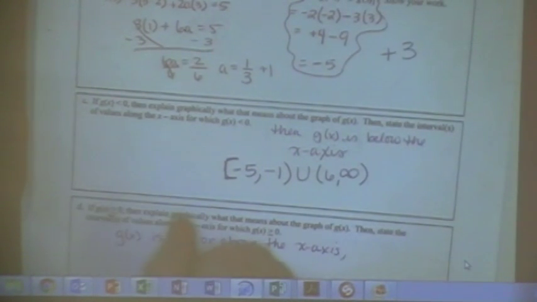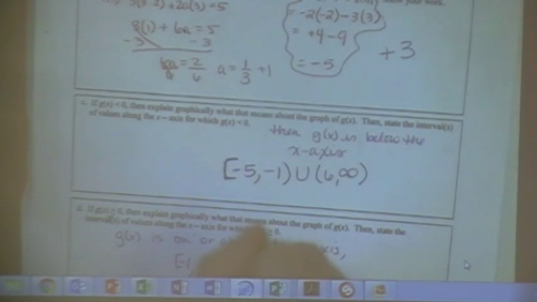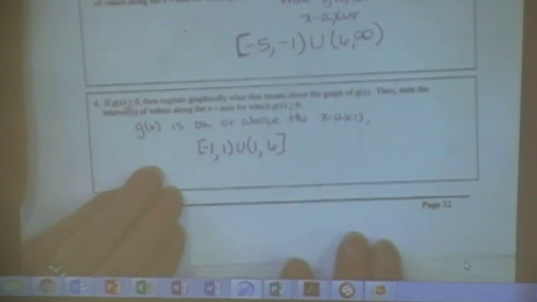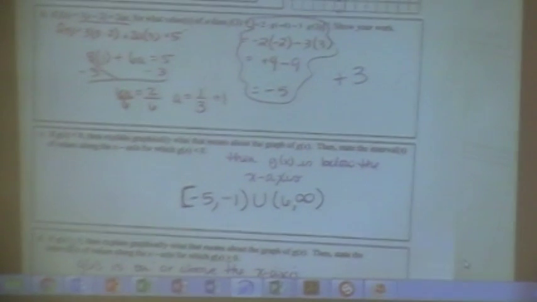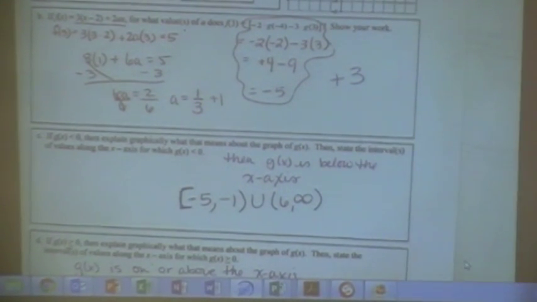So you're going to go -1 to 1 in union with 1 to 6. Both of the -1 and the 6 get brackets because if you look, they equal 0 right here, and it said it could equal 0.